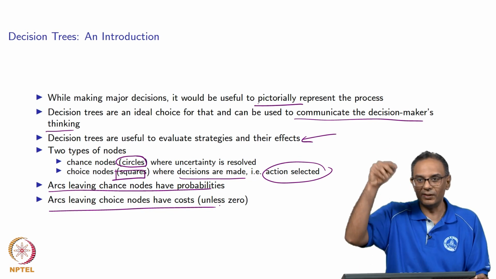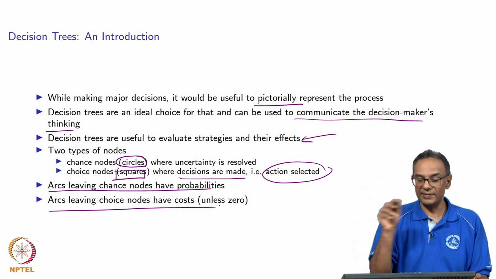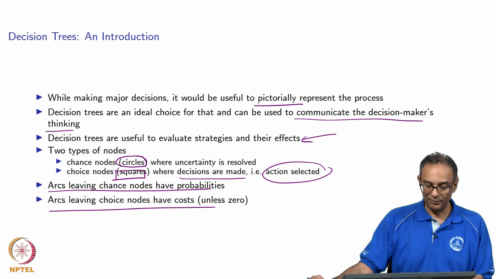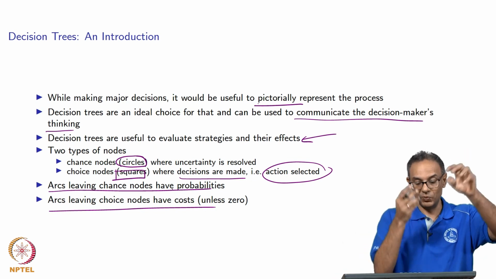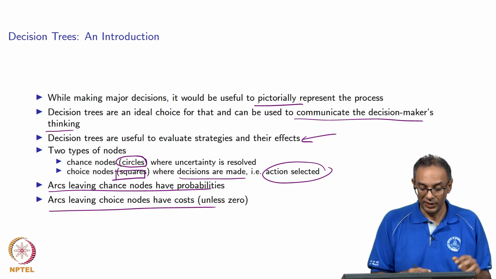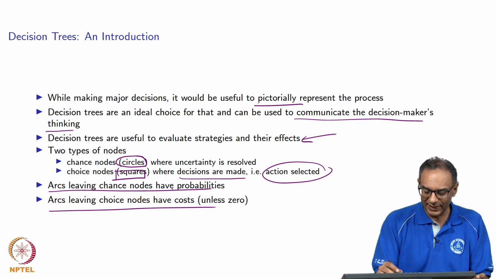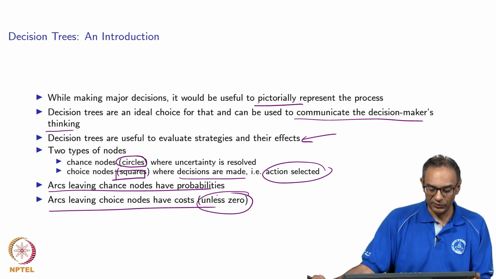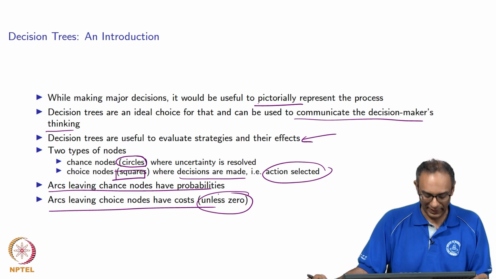So, essentially the circular things and squares here are called nodes, the lines are called arcs, and the arcs have probabilities if they are leaving a chance node, because there is a chance that something happens, one or the other, and arcs leaving a choice node, where you make a decision, always have a cost, because there is a cost for making a decision. The only exception to that is when the cost is 0. Okay, in which case you don't have anything written on the arcs. We will see that as an example next.